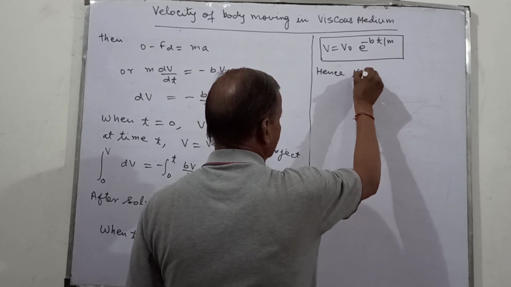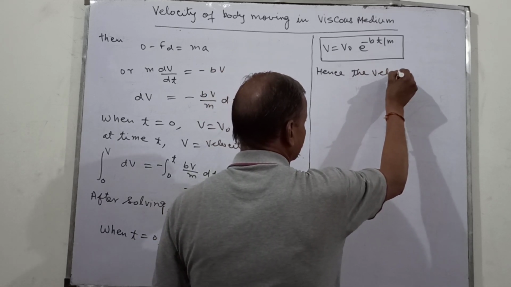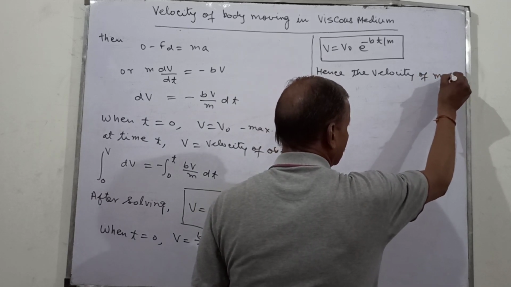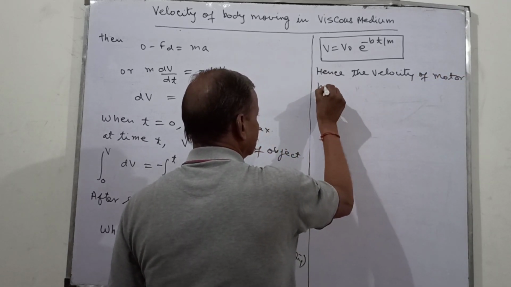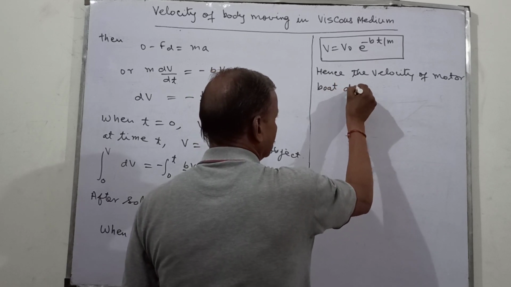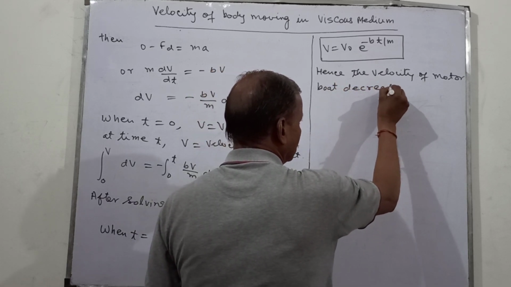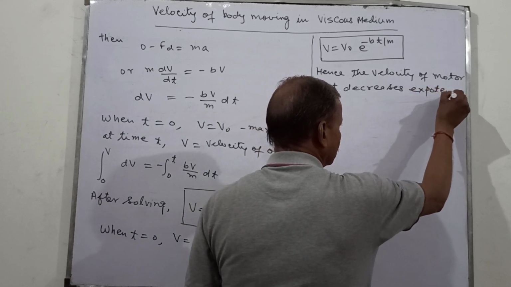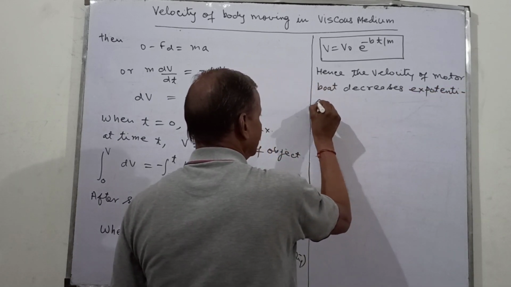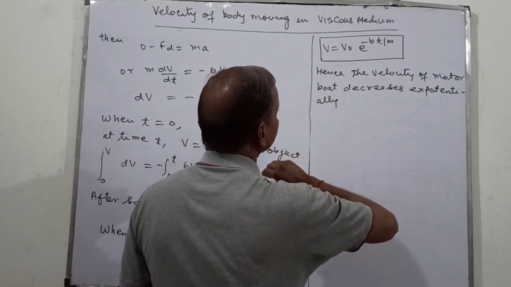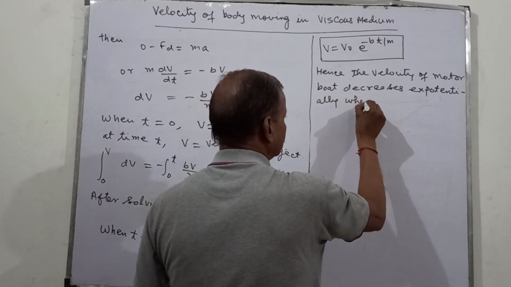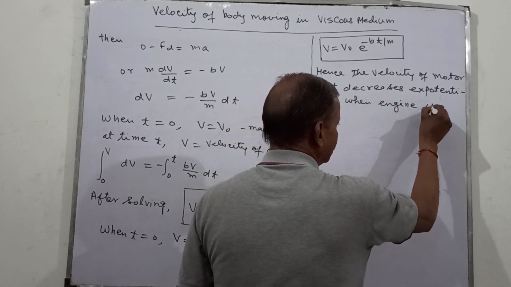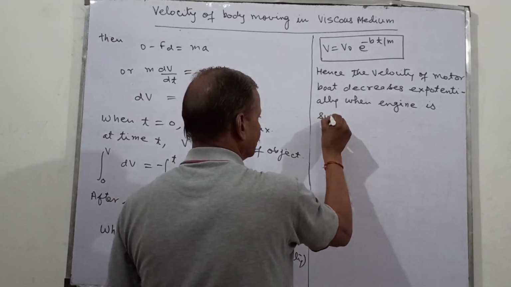Hence, the velocity of the motorboat decreases exponentially when the engine is switched off.